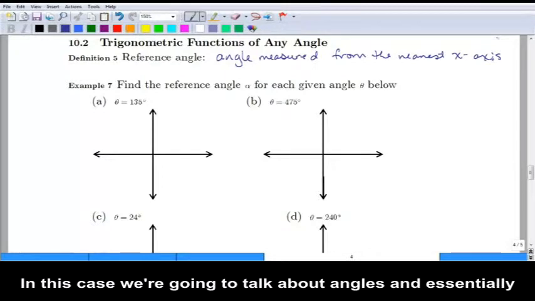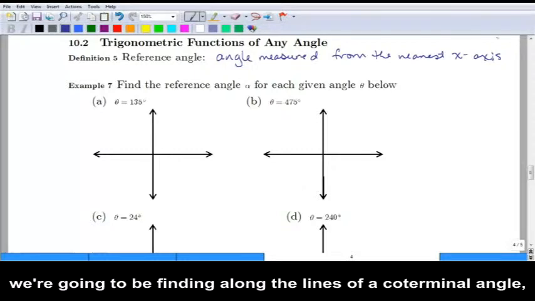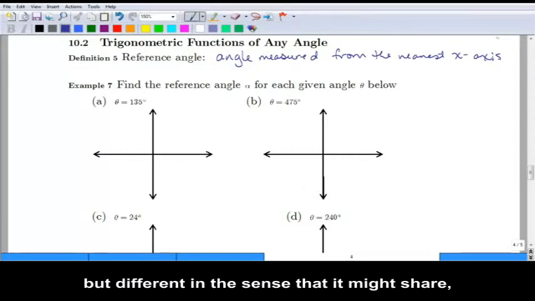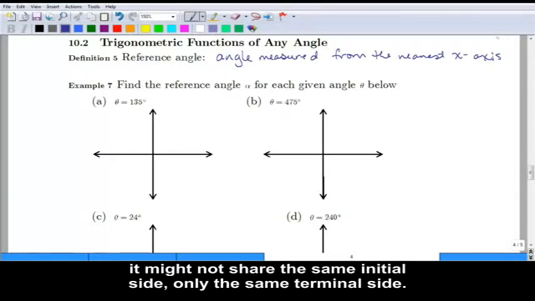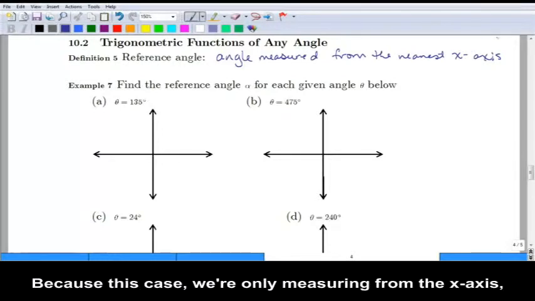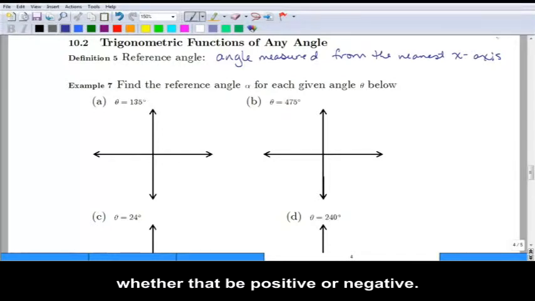In this case, we're going to talk about angles, and essentially we're going to be finding something along the lines of a coterminal angle, but different in the sense that it might not share the same initial side, only the same terminal side, because in this case we're only measuring from the x-axis, whether that be positive or negative.